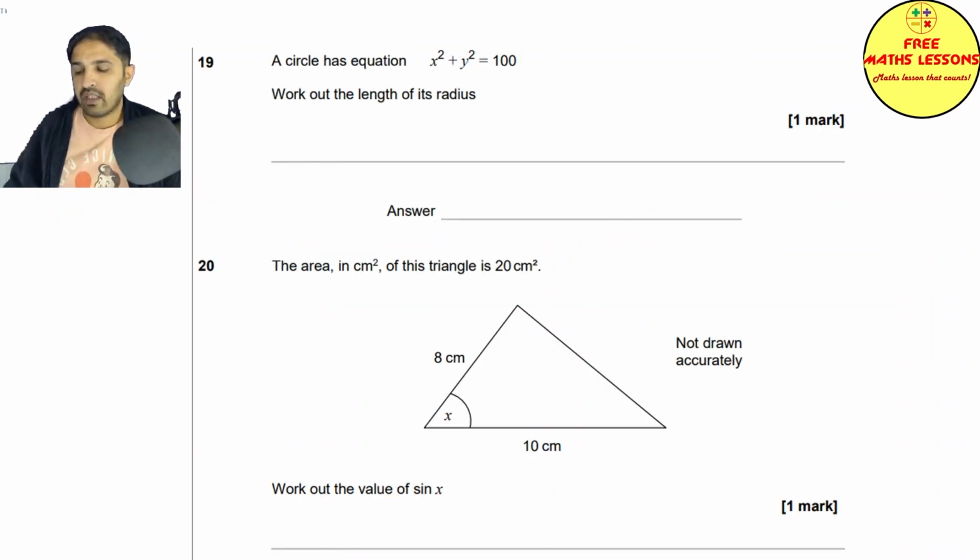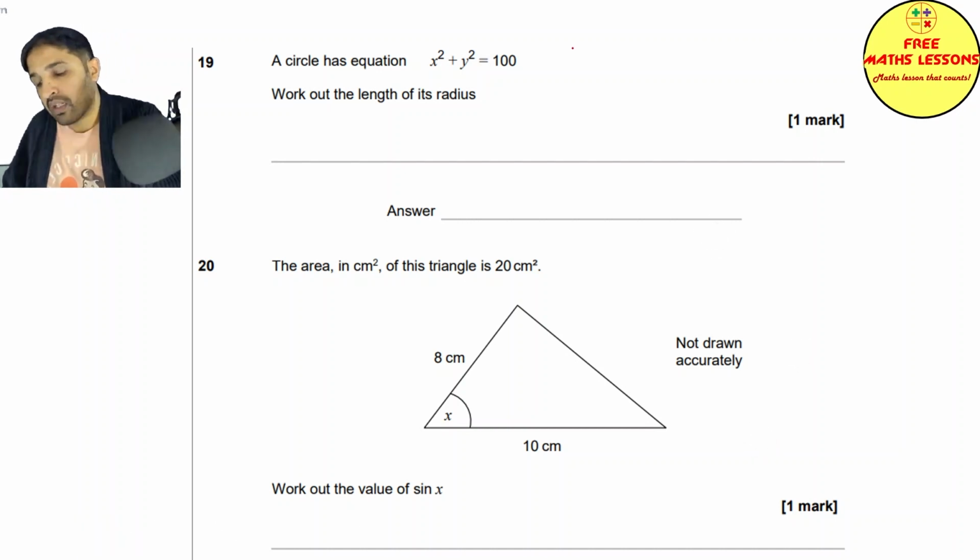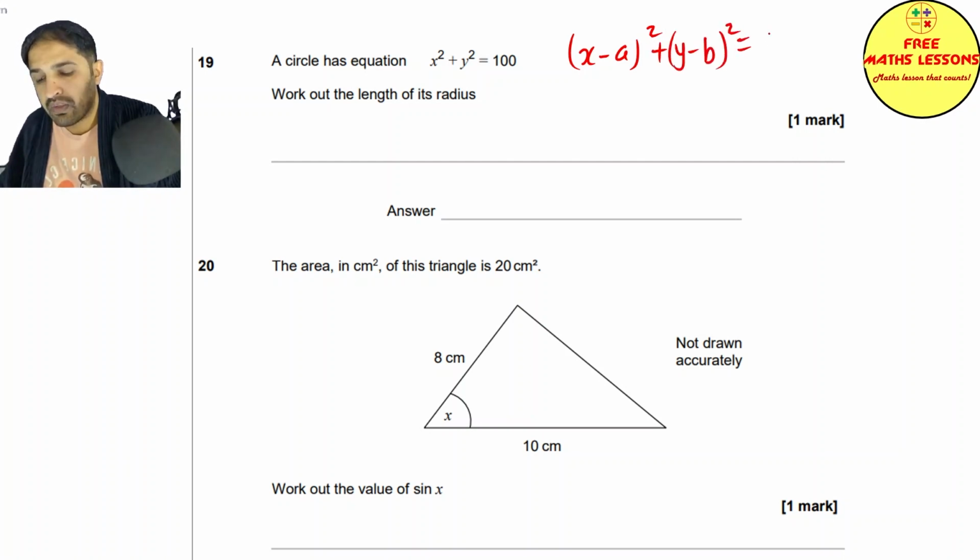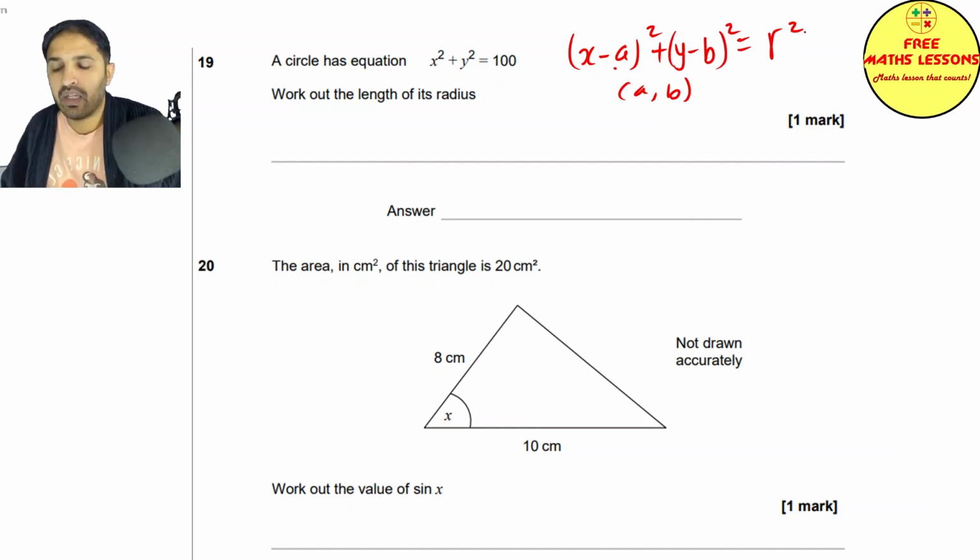Question 19. The circle has an equation x squared plus y squared equals 100. Work out the length of its radius. Okay, so the equation of a circle is always this: x minus a all squared plus y minus b all squared equals r squared, where a, b is the coordinate of the center and r is the radius.